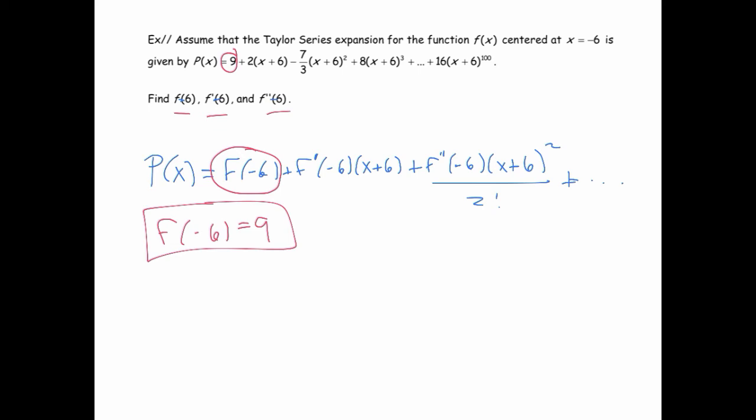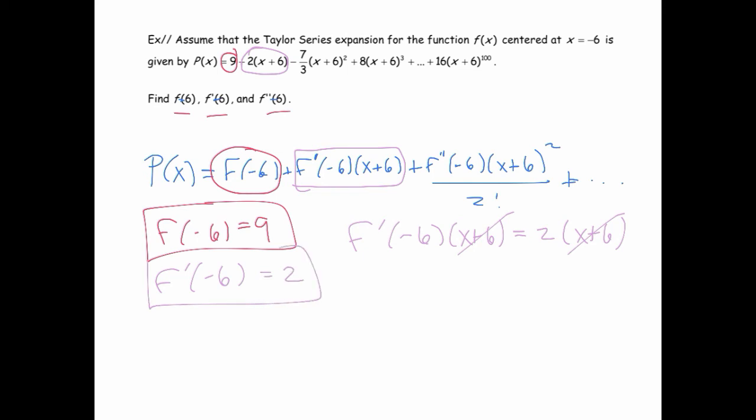Well, let's match them up. This is the f prime of negative 6 term, and it matches up with this. So we know that f prime of negative 6 times x plus 6 is supposed to equal 2 times x plus 6. And there we can see that f prime of negative 6 is just equal to 2.